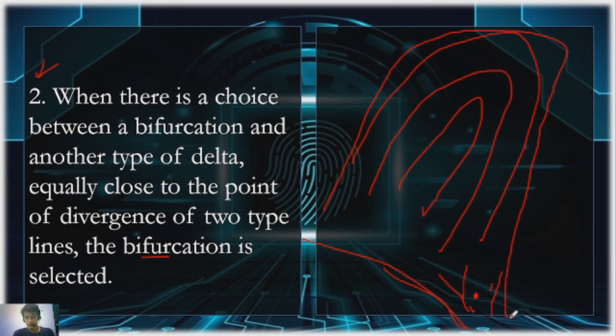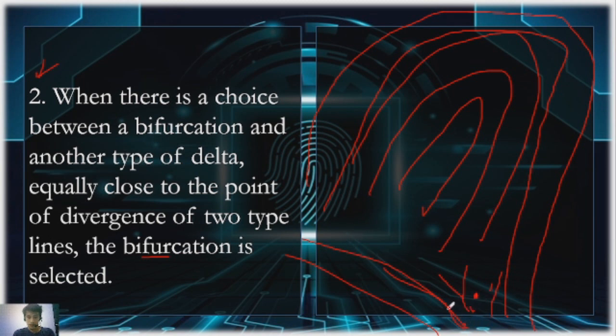This is considered to be the first recurving ridge, okay, that we can see. The innermost ridge is the one that we are going to choose as a type line. Okay, it's not the outer one. Okay, so let's say there's still another ridge in here, so ang pipiliin po natin is yung innermost.